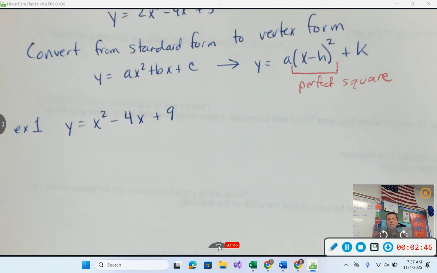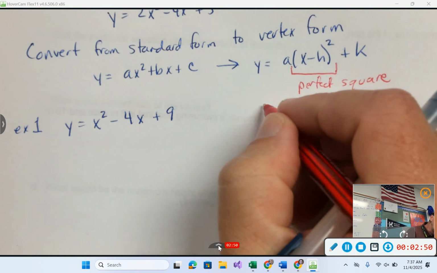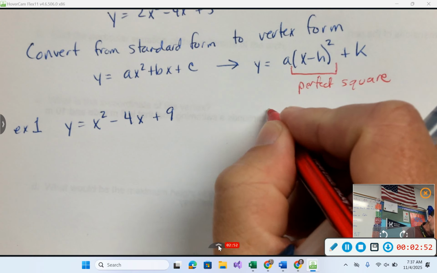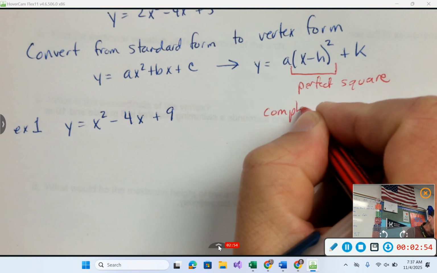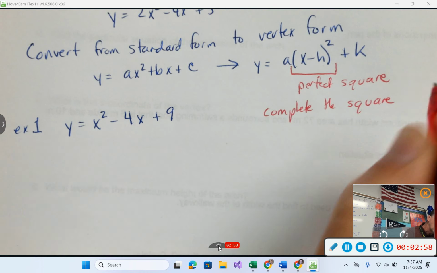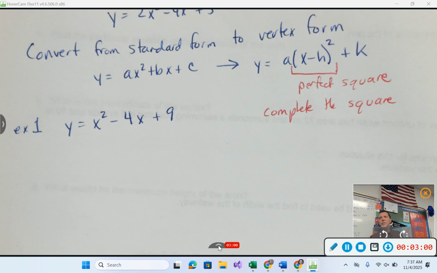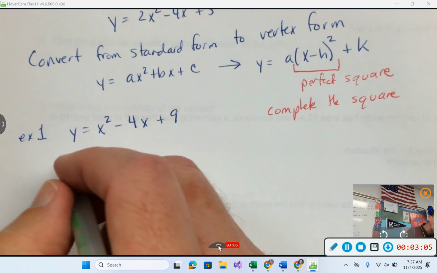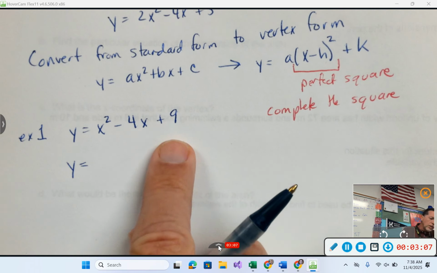Again, we want a perfect square in there, so we would like to make that show up, and in order for that to show up, we need to complete the square. So you might have thought we were done with completing the square. We're not. It's a little bit different here, so let's be careful.